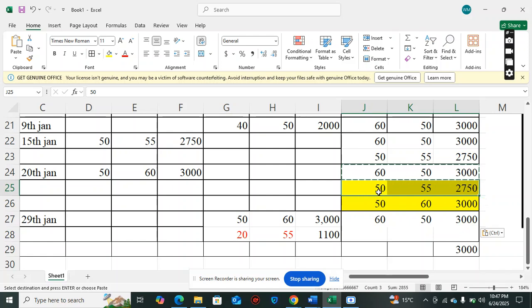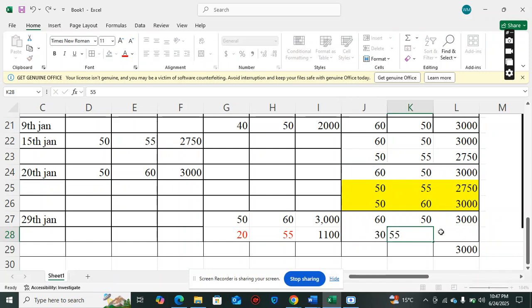Okay, the one in the middle here, we remove the 20 from there. So we have 30 units valued at 55 kwacha. Okay. So our value of closing inventory, 4,650.